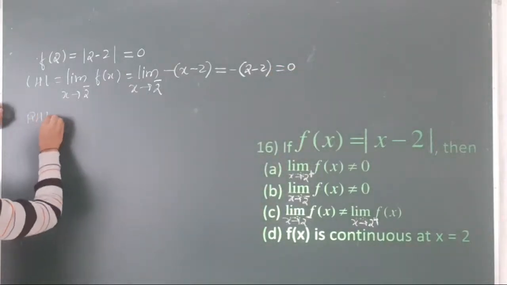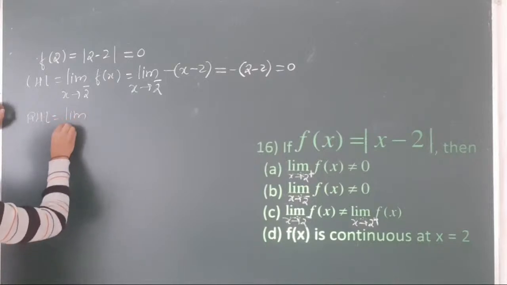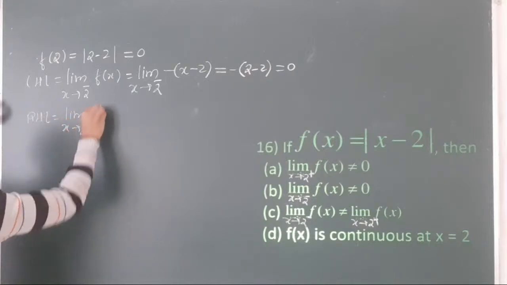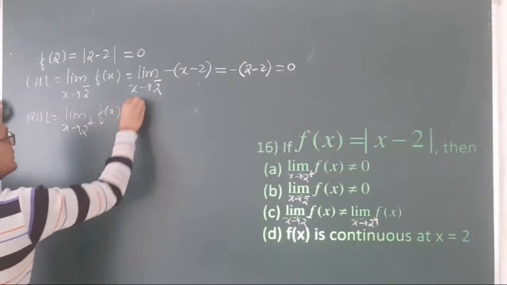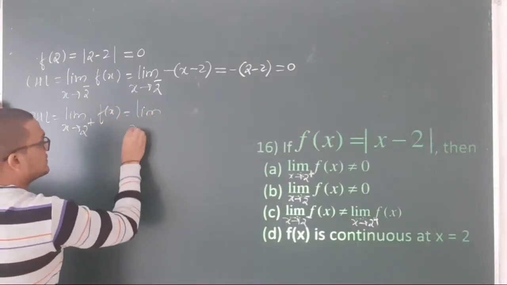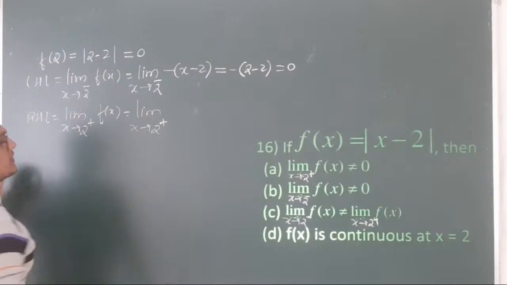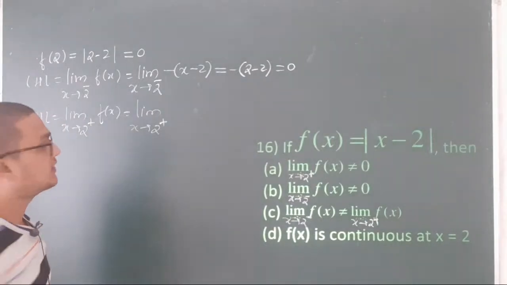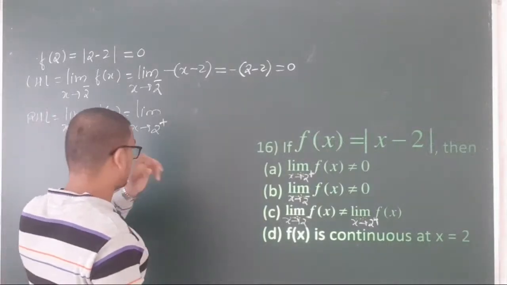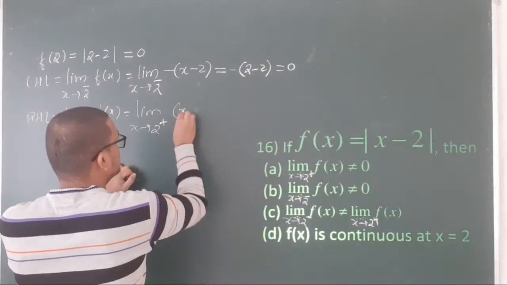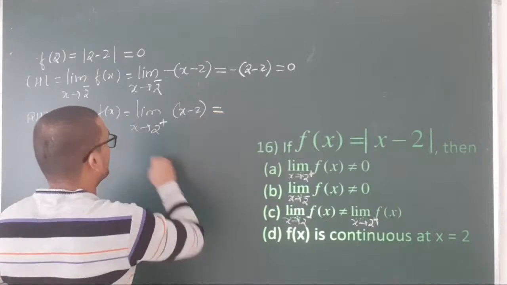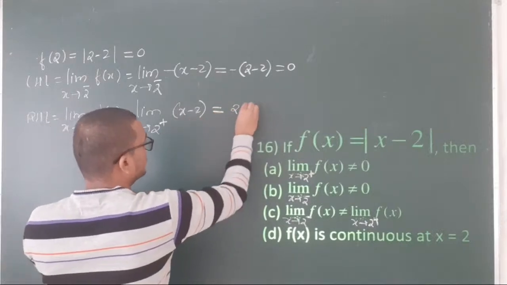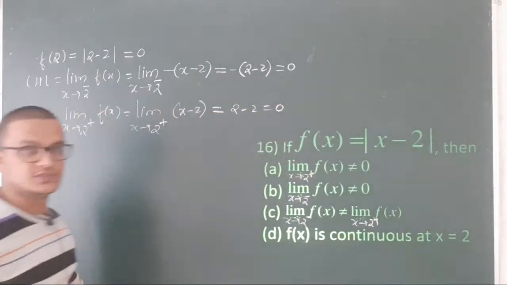Next RHL, that is limit x tends to 2 plus f of x. RHL means x is greater than 2, and whenever x is greater than 2, the mod value is positive, so it is simply x minus 2. Put the limit x tends to 2, again 2 minus 2 is equal to 0.